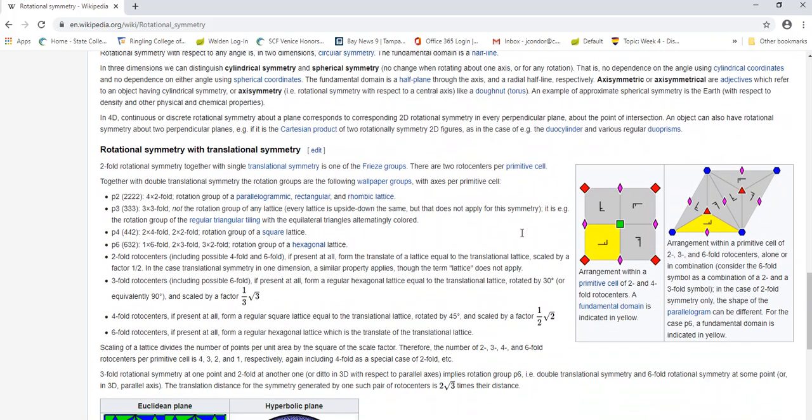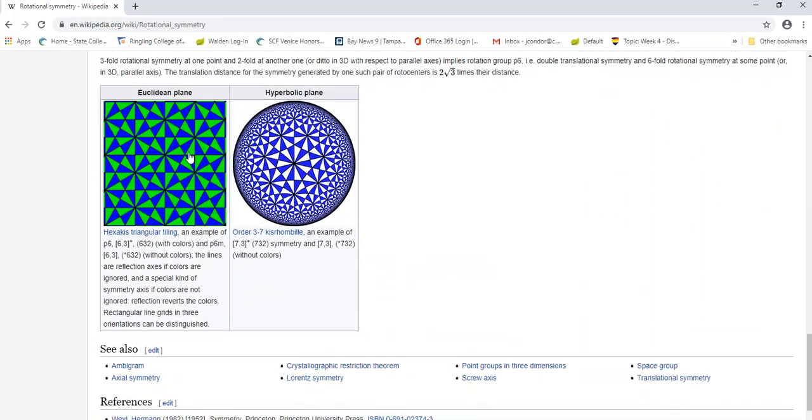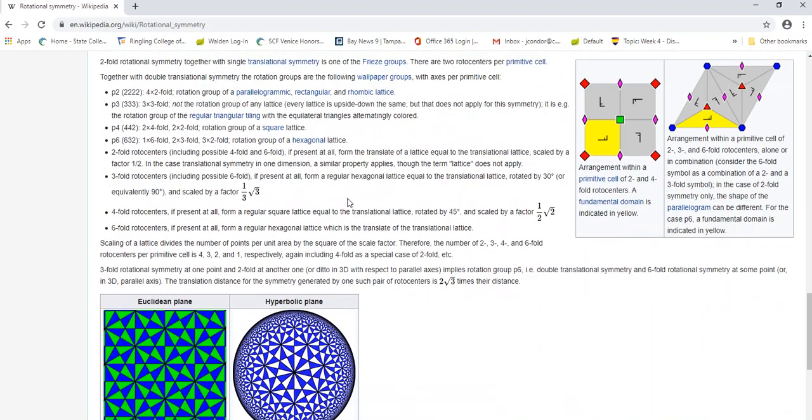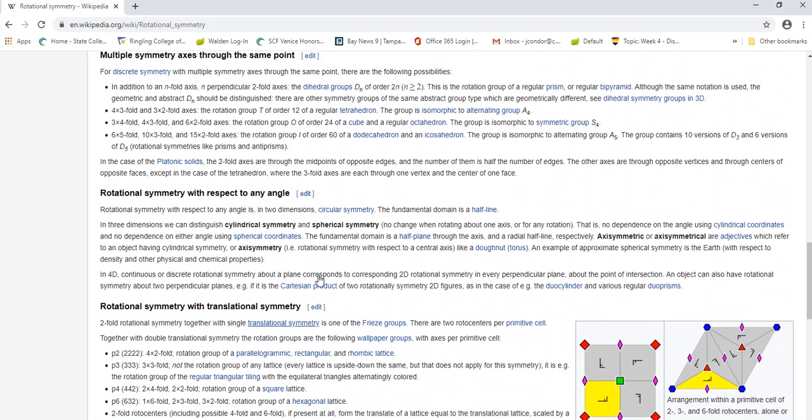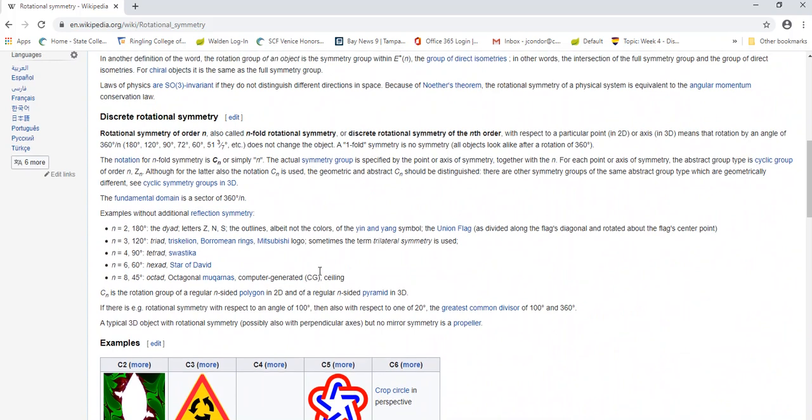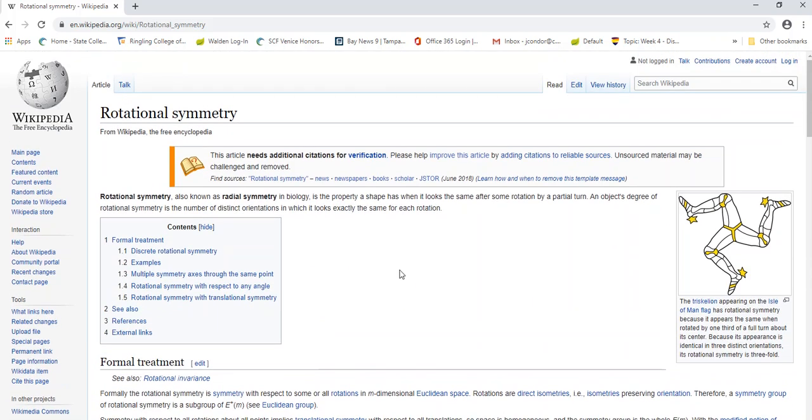And then they go through, if you want to look into the math, you can see it gets fairly complicated. But for our purposes, we just want to look at the really basic idea of rotational symmetry, and that's all it is. It's pretty simple.